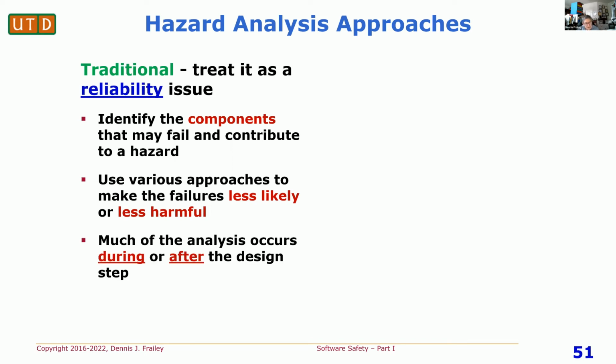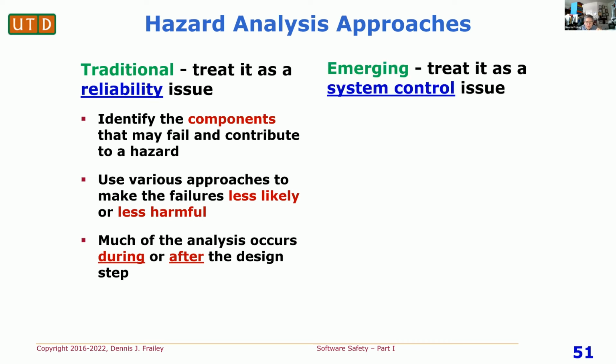And then much of the analysis for doing this approach occurs during and after the design of the software or of the system. In other words, you've got a design, now you analyze it to see where could it go wrong and where could there be a reliability problem and what could we do to make that less likely to happen. Now, that's what I call the traditional approach.